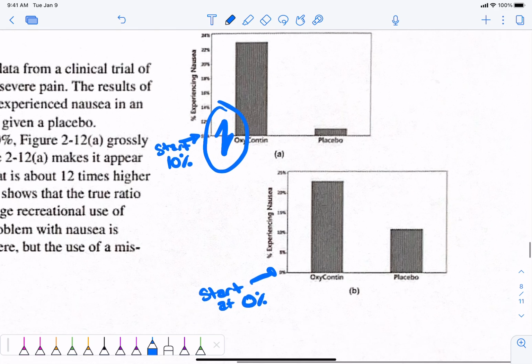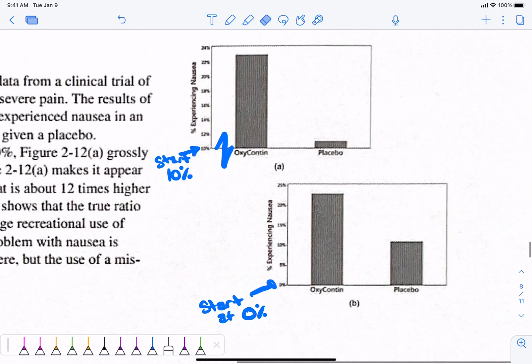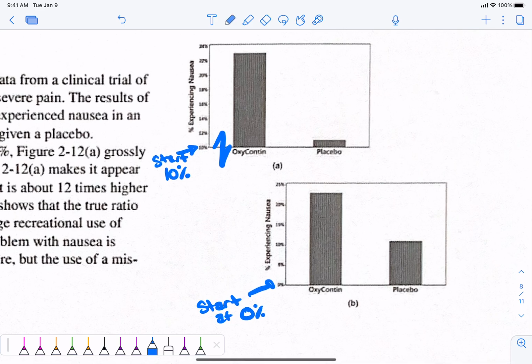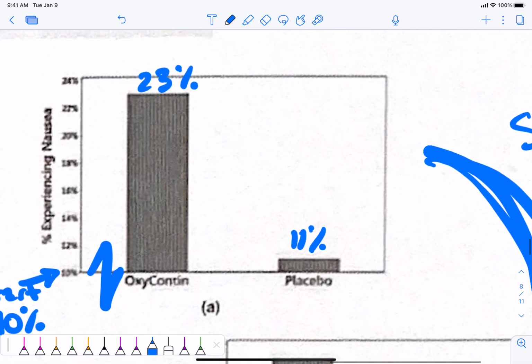Okay, so what was the problem with starting at 10%? Do you remember from yesterday? These two graphs are doing the same thing. This is the same data. The placebo here was at like 11%, and this one was at 23%. But 11% is about half of 23%, and that bar looks way less than half, right? So it's making it look as though the Oxycontin or the pain medication is doing way more for you than it should.